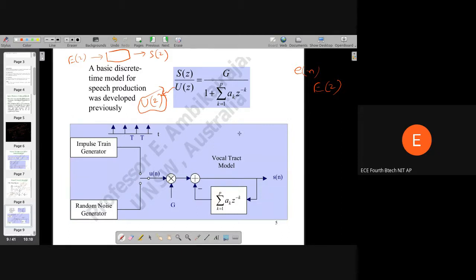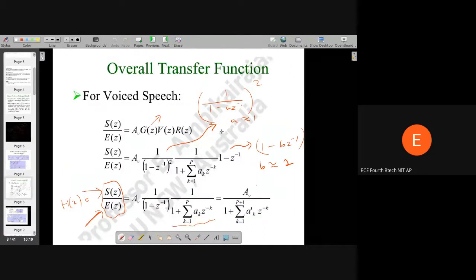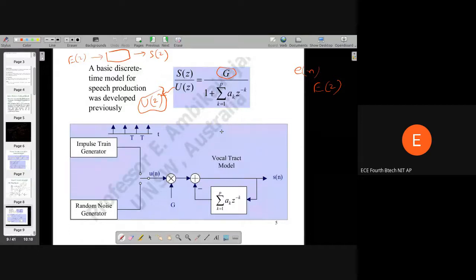Finally, this term that we were saying previously, you can just represent as a gain term, some positive number. It's a gain, whether it is voiced or unvoiced, and we have a polynomial of some order p.